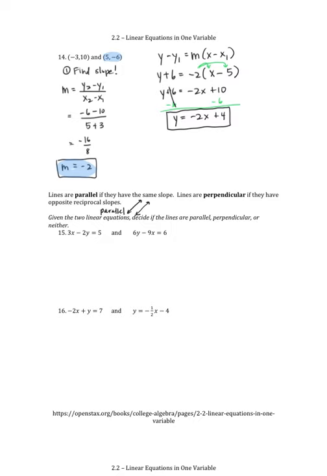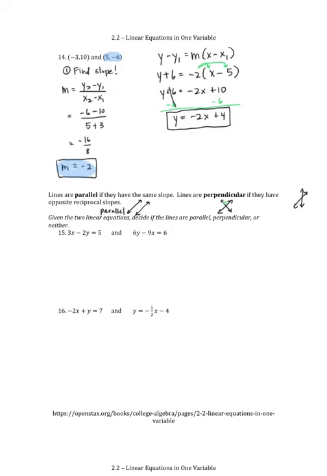Okay, perpendicular lines intersect at exactly a 90-degree angle. So they intersect and create a 90-degree angle. If they're neither parallel nor perpendicular, they intersect, but not at a 90-degree angle. So they're just intersecting lines, okay?